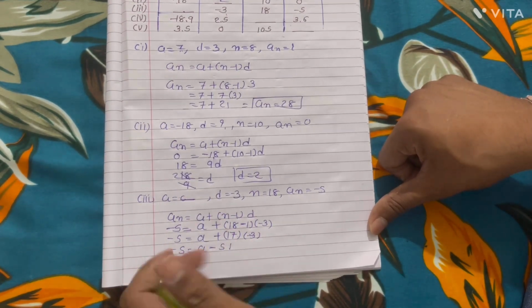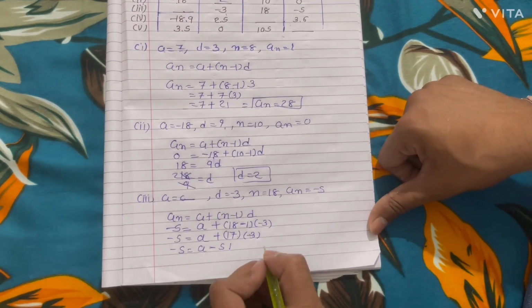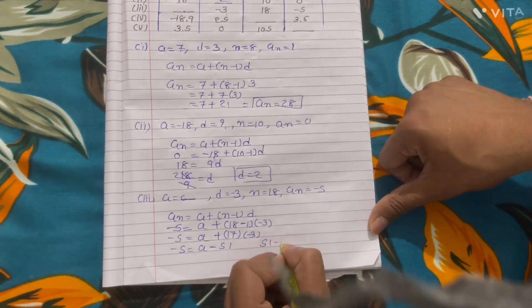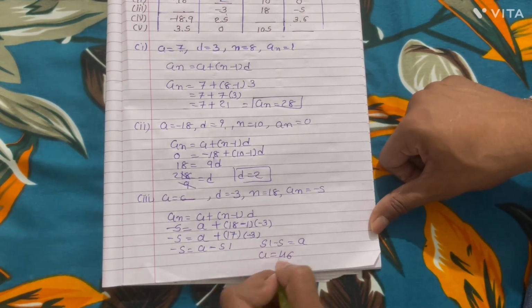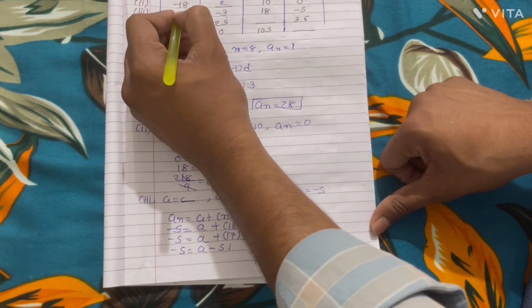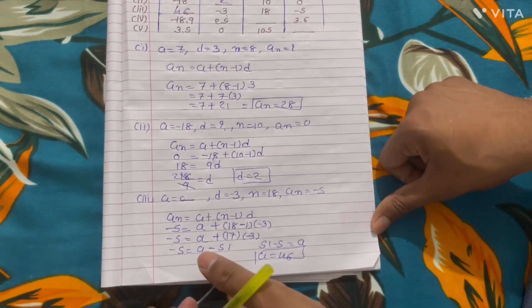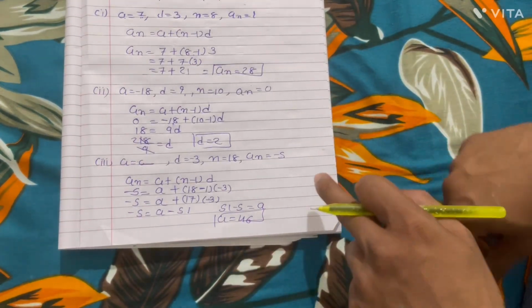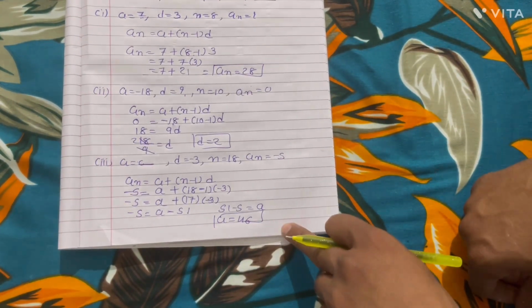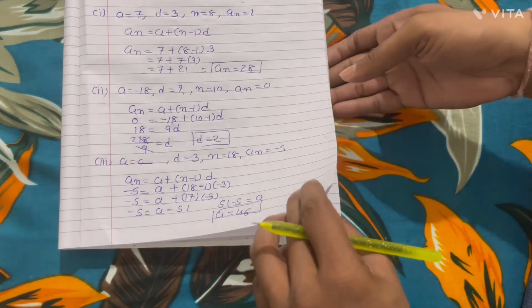Minus 51 goes to this side, then it turns positive. So 51 minus 5 is equal to a. What is the value of a? a is equal to 46. Now we move to question number 4.